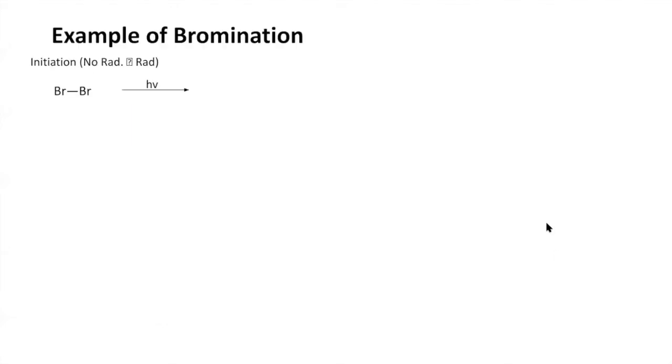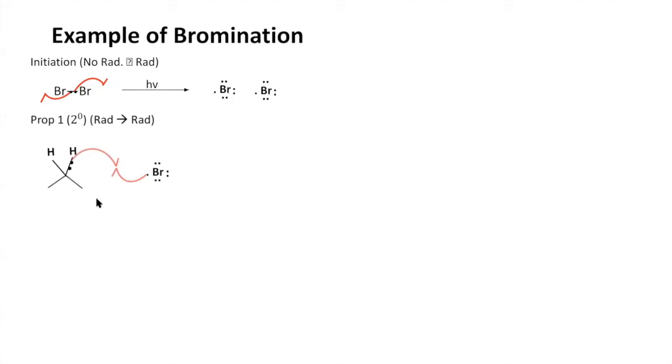So, for example, bromination. When we have radical halogenation, you can see we weren't so good with curved arrows back then. But we make our two radicals initially, right? And then propagation step 1 for propane, drawing some hydrogens, emphasizing those 2 electrons there.